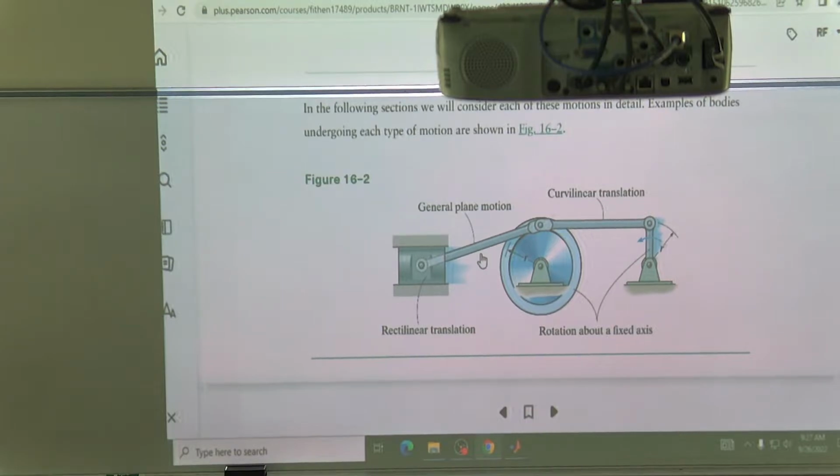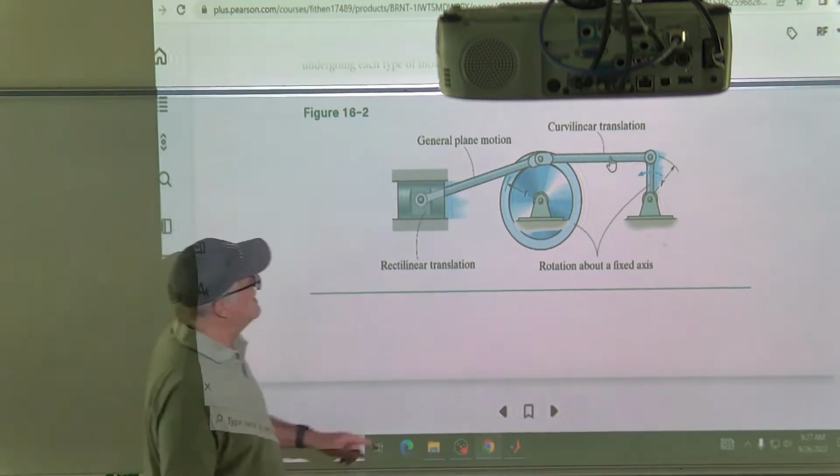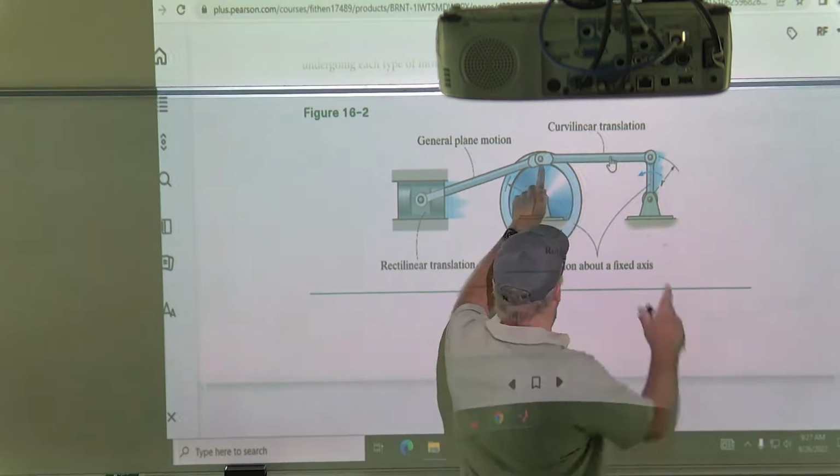And this is something you find when you're trying to move a body somewhere or transfer energy from one spot to another, you're going to have some type of weird mechanism like this. This is not that weird, actually. And you can look at what happens in each one of these. So this one is curvilinear translation.